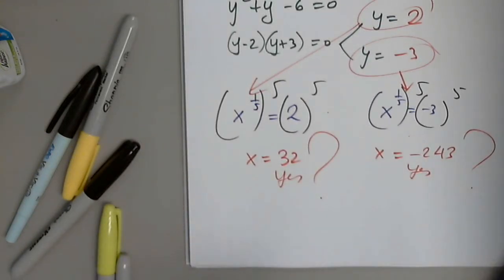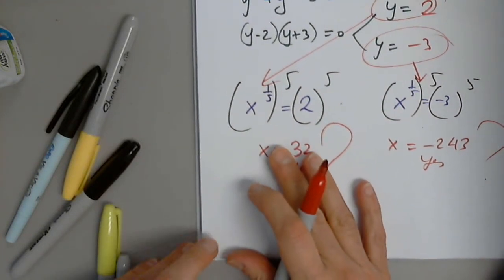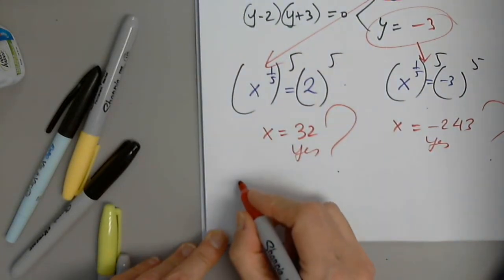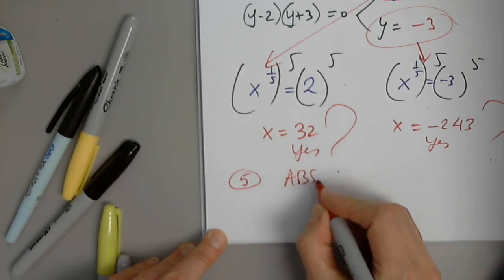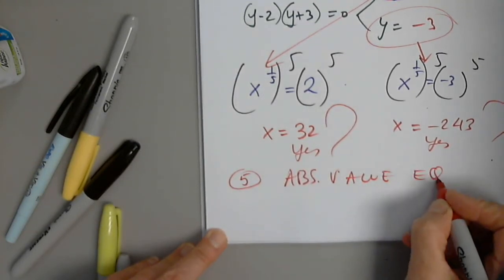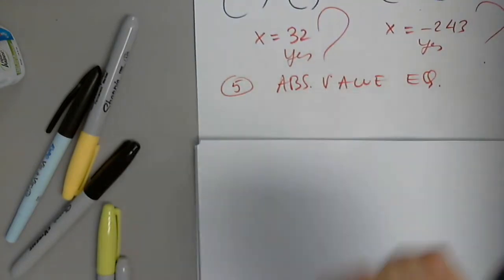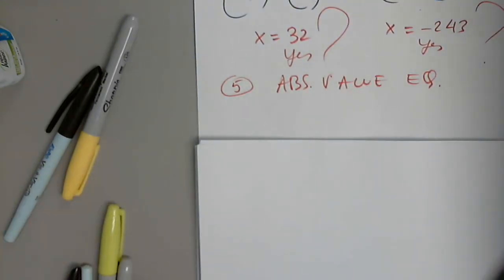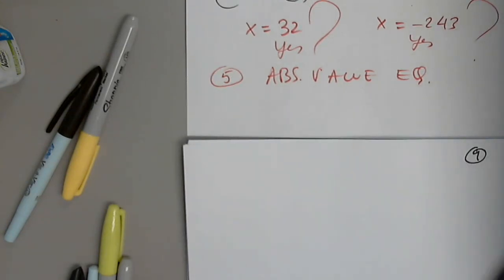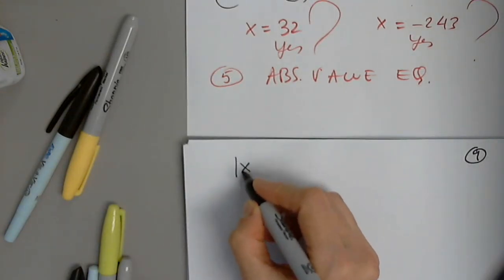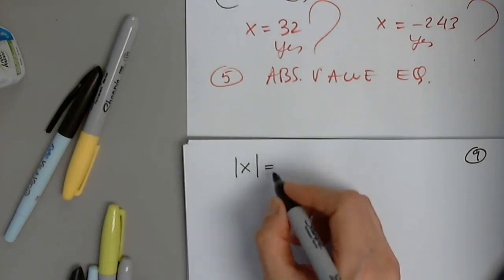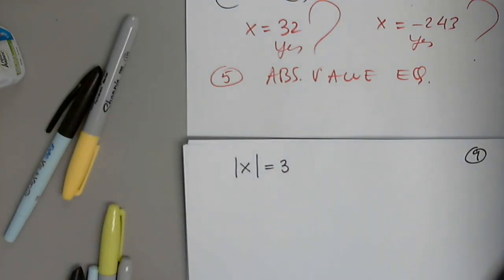Good. So the last one is absolute value. I don't remember what number this one is. Is it 5? Thank you. Absolute value equations. I know that you've done this before, but I'm going to start from scratch with a simple example, and then we'll pick problems from the book. So if I'm asked to find the absolute value of x equals 3, let me just tell you what this says to me: find numbers called x whose distance from 0 is exactly 3 units.